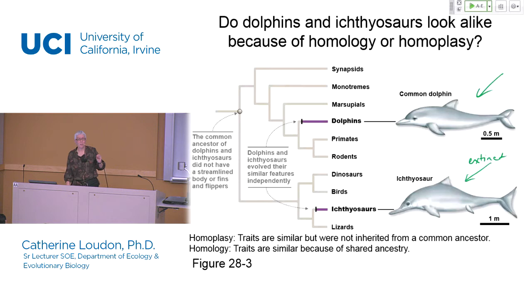But this list of characteristics, streamlining and long jaws and sharp teeth and so on, are considered examples of convergent evolution. If one looks at a phylogenetic tree that shows the presumed relationships between dolphins and ichthyosaurs, you can see that dolphins, as mammals, are grouped within all the other mammals because of all the other characteristics they share with them, and ichthyosaurs are much more closely related to lizards and other non-mammalian vertebrates.